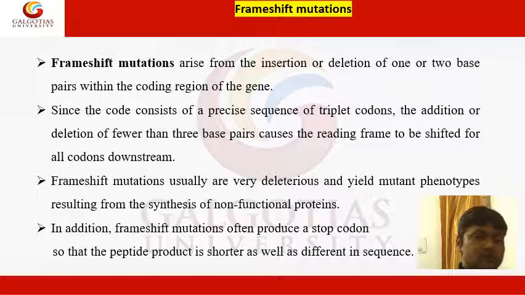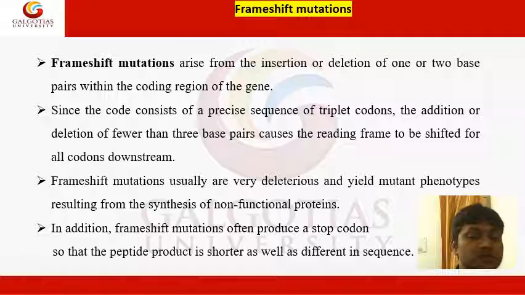Now the frame shift mutations. They arise from the insertions or deletions of one or two base pairs. Since the code consists of a precise sequence of triplet codons, the addition or deletion of fewer than three base pairs causes the reading frame to be shifted for all codons downstream.